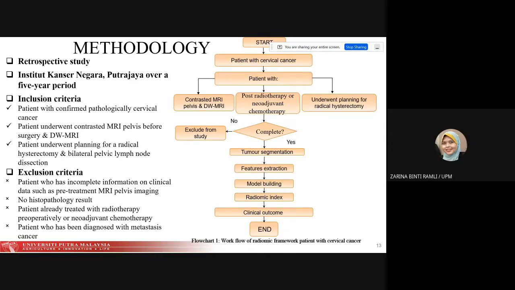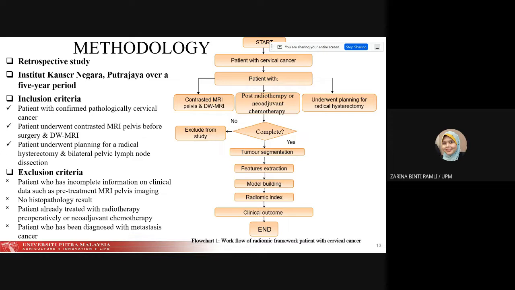Yes. Because we use the patient clinical data, we need to follow the ethical workflow. In my study, I already registered on the NMRI, the National Malaysia Institute for Research, to get eligible access to the patient data.